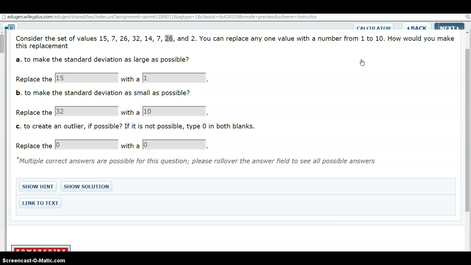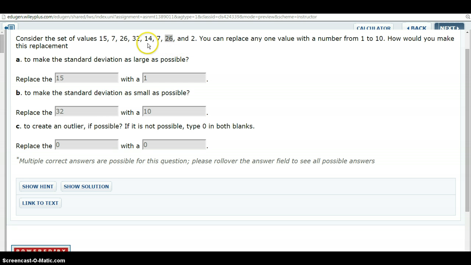In other words, I'm going to have to be about 30 below Q1, so 30 below 7, or 30 above Q3, so 30 above 26, or 56, to get an outlier, and clearly neither of those are possible. I'm not going to be able to get a negative number, because I'm only allowed to add 1 to 10. I'm not going to be able to get anywhere near the 56.